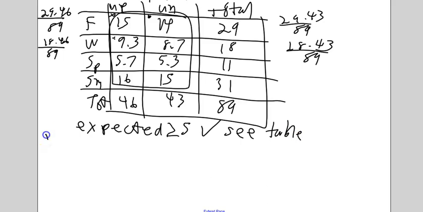Now step 4 is just simple math. It's the sum of the observed minus the expected, squared, divided by the expected. So it's going to be a bunch of fractions. How many fractions are we going to have? 1, 2, 3, 4, 5, 6, 7, 8. There are going to be 8 fractions, because there are 8 categories. We don't count the total boxes.